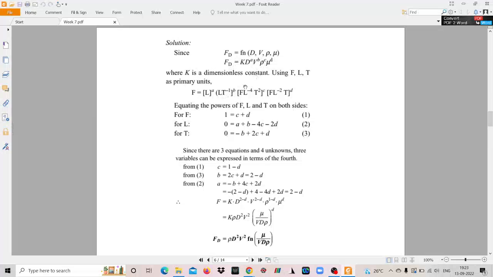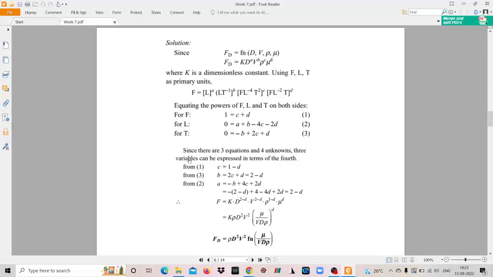Density has been written in terms of force, and viscosity has also been written in terms of force, Newton second per meter square. Now here also the problem is that there are 3 equations and 4 unknowns. So in an approximate manner, this is basically a technique for solving an indeterminate system.